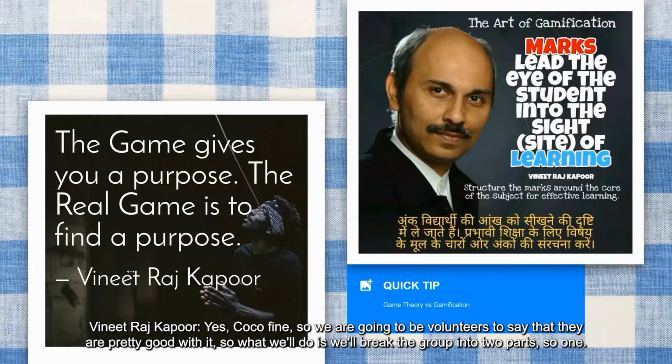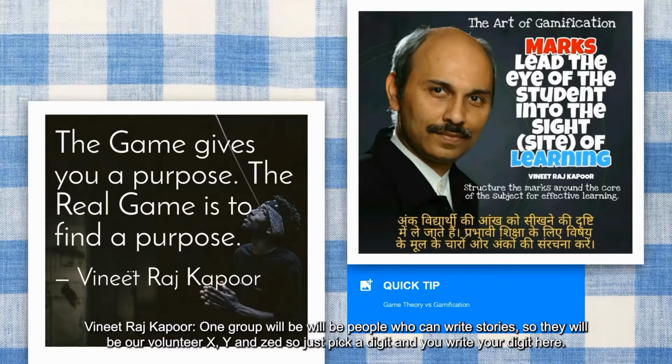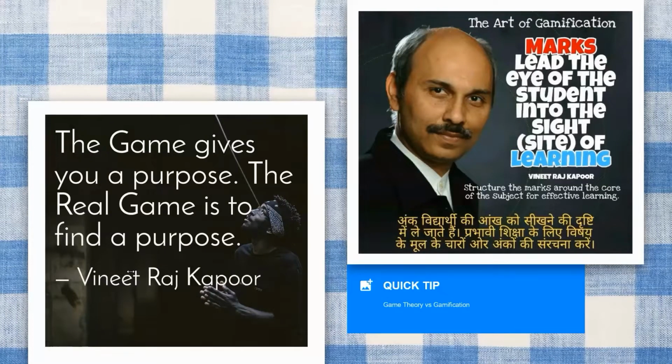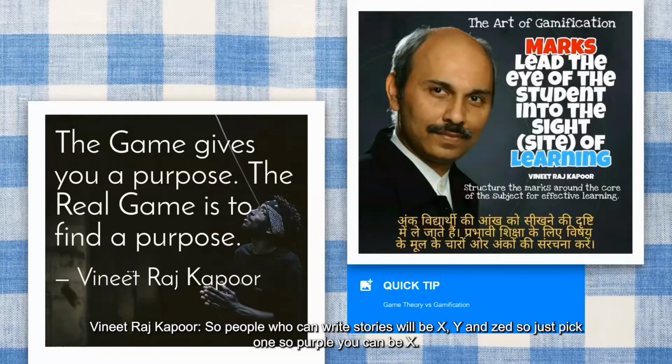So what we'll do is we'll break the group into 2 parts. One group will be people who can write stories. So they will be our volunteers X, Y, and Z. Just pick a digit and write your digit here. So people who can write stories will be X, Y, and Z. So just pick one.